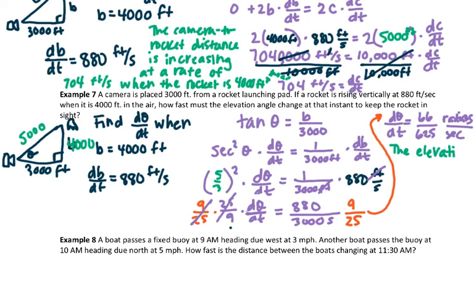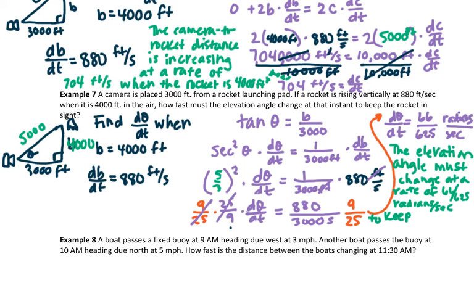The elevation angle must change at a rate of 66 over 625 radians per second to keep the rocket in sight when the rocket is 4,000 feet in the air.